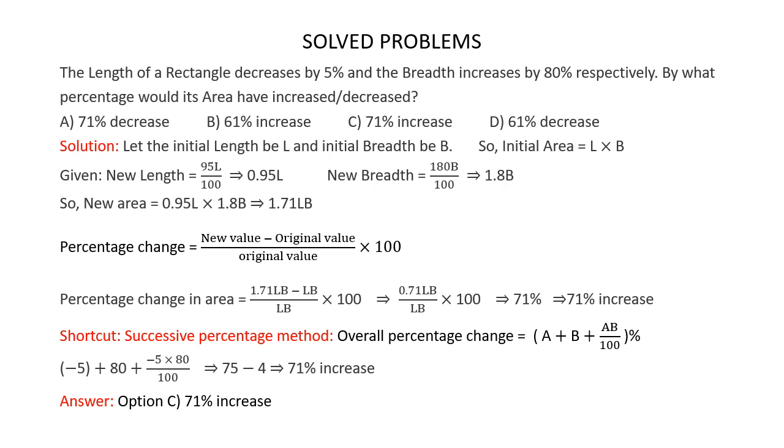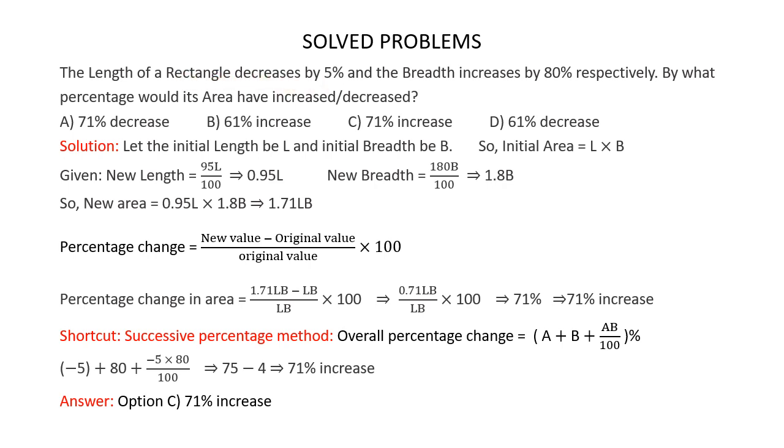Now let the initial length be L and initial breadth be B. So initial area of the rectangle would be equal to length multiplied by breadth, which is LB. Now it's given that the length of the rectangle decreases by 5%.